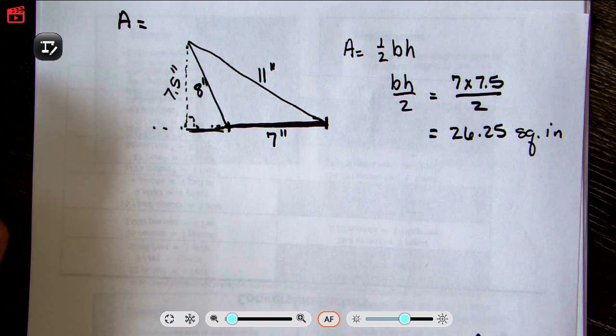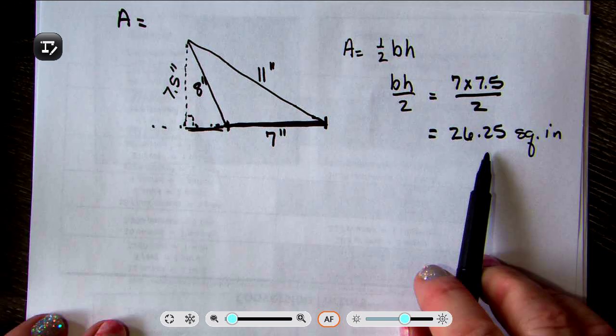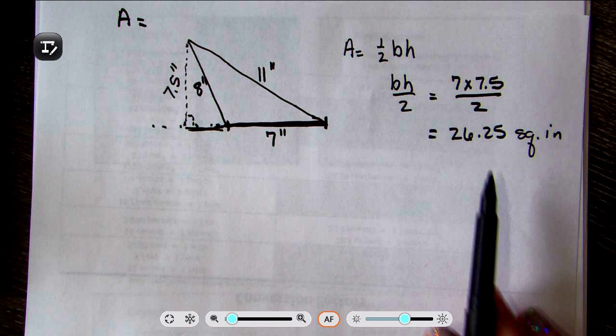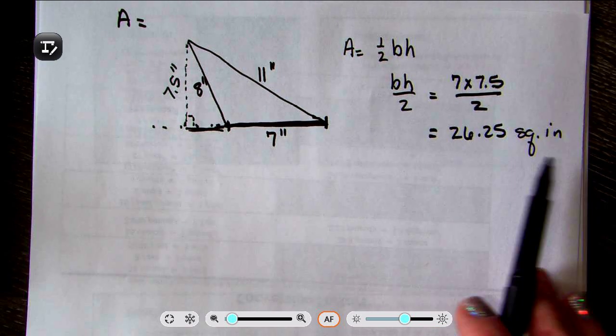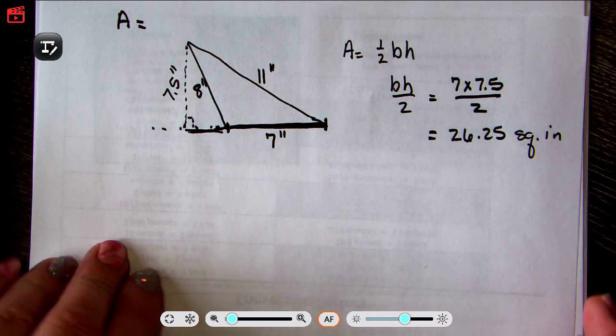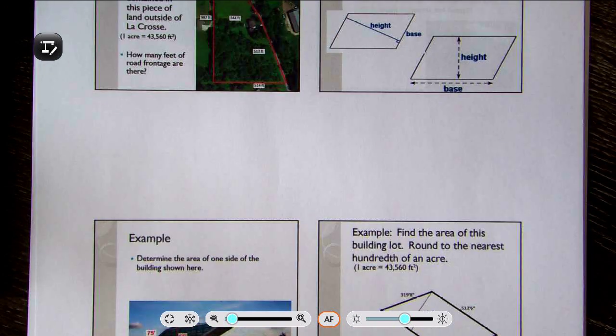Another thing to note is we do not change our decimal parts into fractions. We leave our answers in decimal form. So we don't write it as 26 1/4 square inches. We leave it as 26.25. So we leave things in their decimal form.